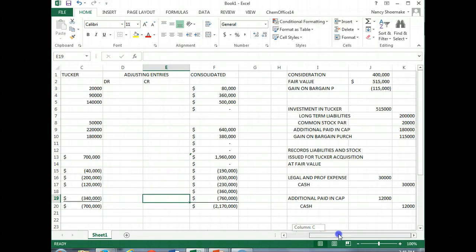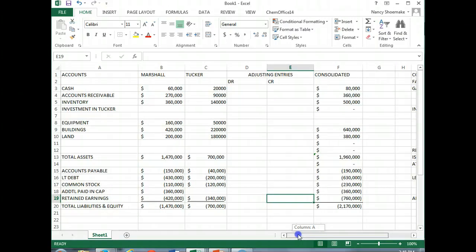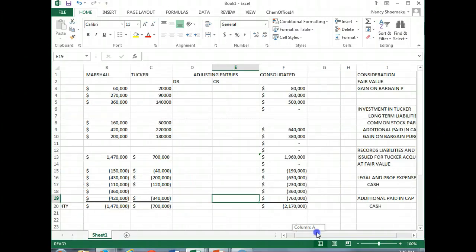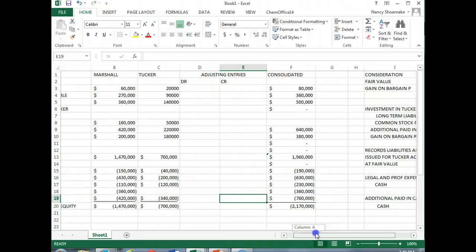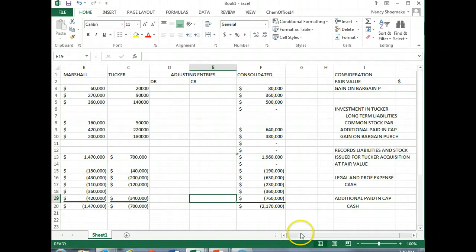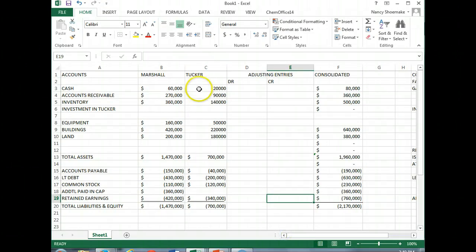So basically here, we have the book value of 400,000 minus the book value, assets minus liabilities, or stockholders' equity. So if we take the book value of our assets minus liabilities, so we've got here 700,000 minus the 240.